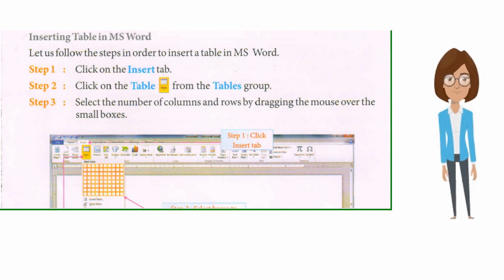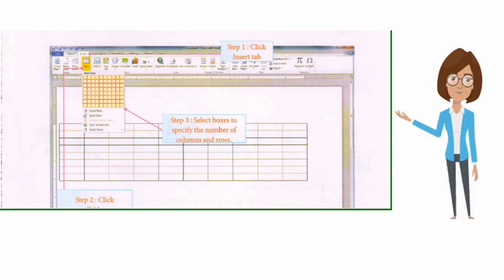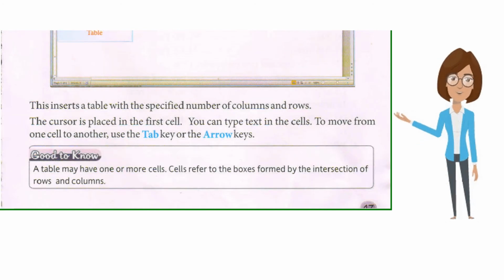Select the number of columns and rows by dragging the mouse over the small boxes. This inserts a table with the specified number of columns and rows.